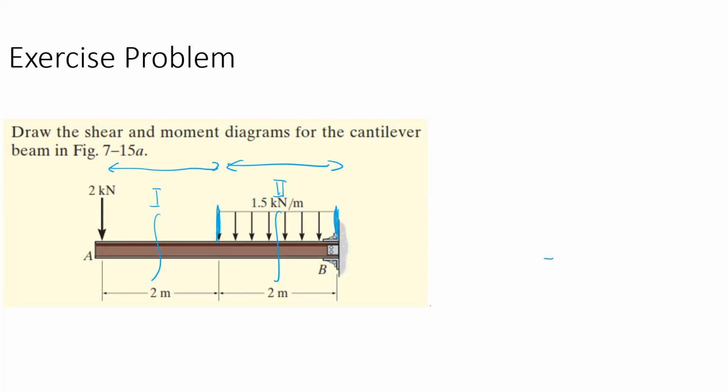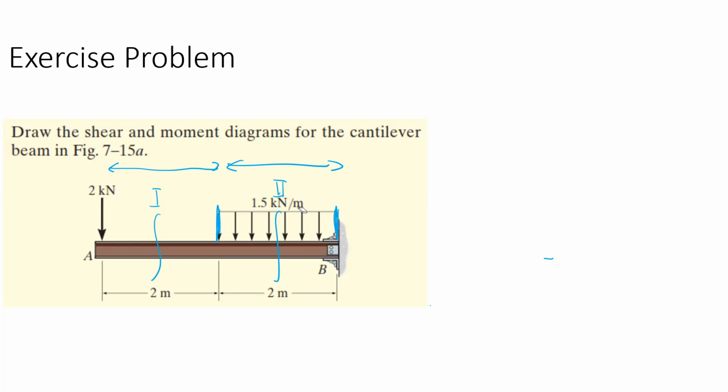Remember, I told you before that as long as the distributed force is continuous, that particular region will be continuous as well. This distributed force is continuous because it's constant, right? So one section is enough to represent that particular region.